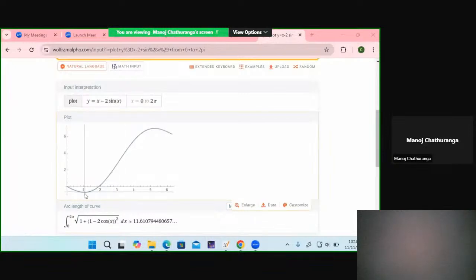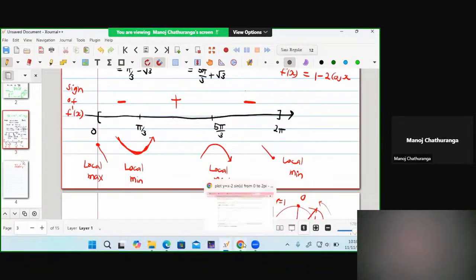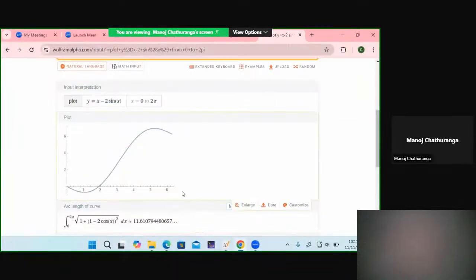We have zero derivative at two different points, at pi by 3, you can see right over here, and at 5 pi by 3, it is a local maximum. Then at 2 pi, we have a local minimum, and at 0, we have a local maximum.